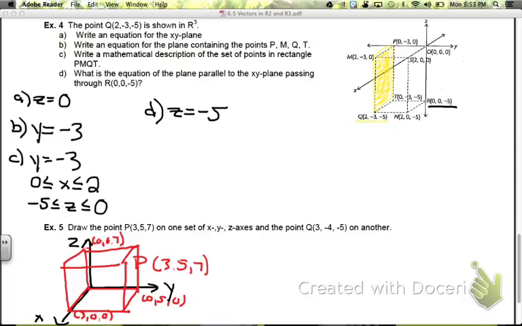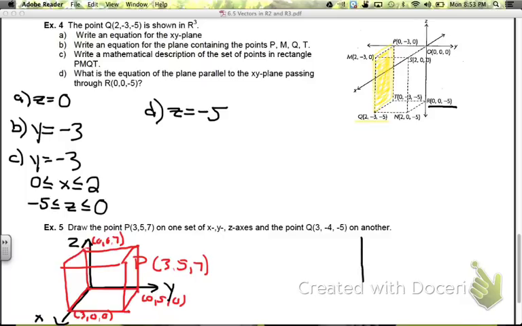So now let's do a similar thing as we did before here for point Q at 3, -4, -5. Since I know it's going to be +3, but our y is negative, I know I'm going to have to go left, and my z is -5, so I know I'm going to have to go down.